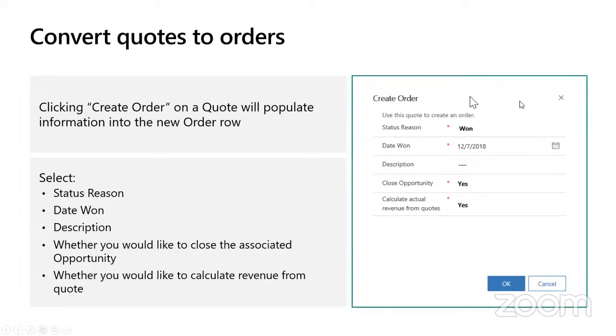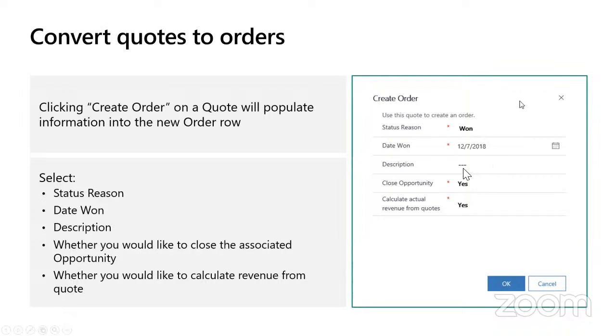And then when you create the order, there's various things which are populated as well and mandatory. And here you're simply saying that we've won this sale, because you're doing an order, because someone has expressed a concrete interest in your product, and it's the day that you won that sale.